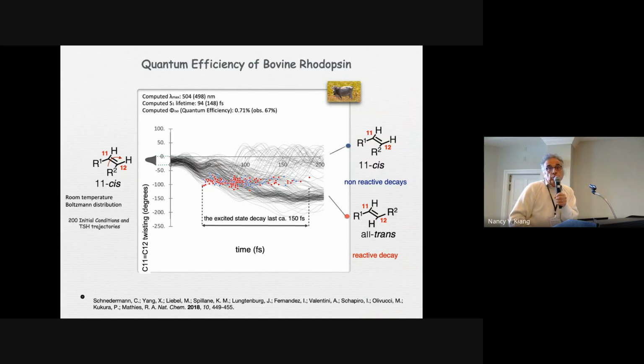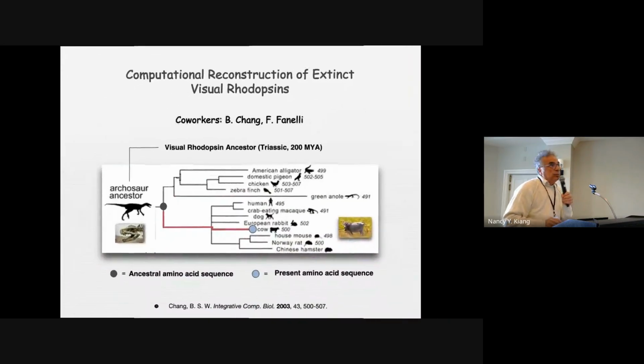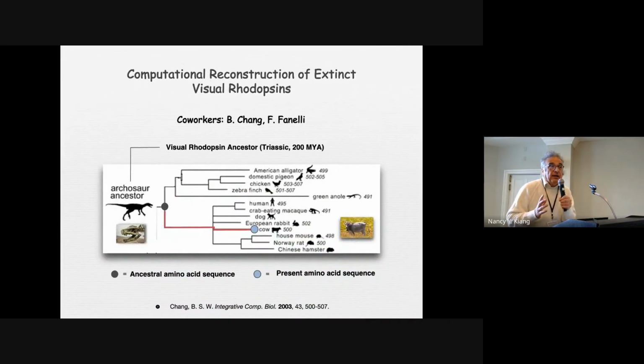But the good news is now you can do some very sophisticated kinds of studies, because you can use the same model also to construct ancestor rhodopsins, okay? So you can see here something that we did recently, in collaboration with an evolutionary biologist at UT, Belinda Chang.